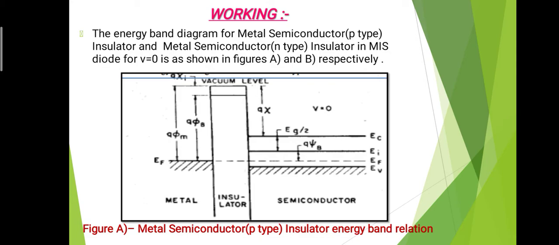So the Fermi level EF lies towards the valence band. Q phi b is the semiconductor work function, Eg by 2 is half the band gap, and Q chi is the semiconductor electron affinity. So this is the metal, insulator and p-type semiconductor energy band relation.